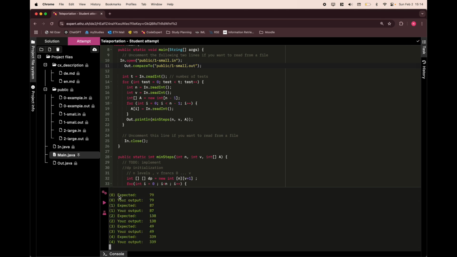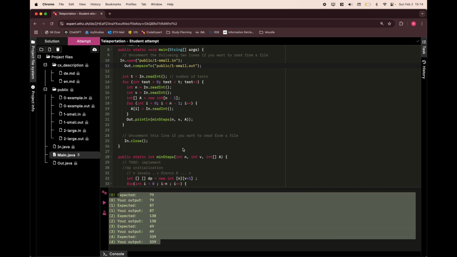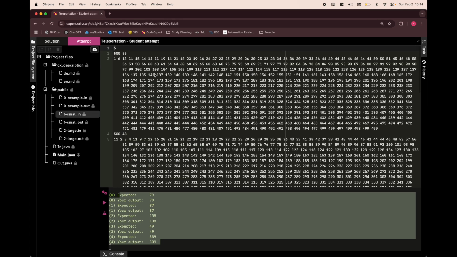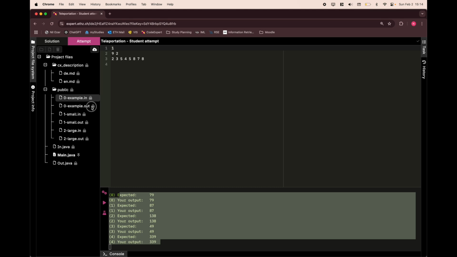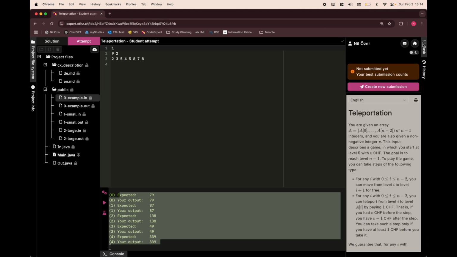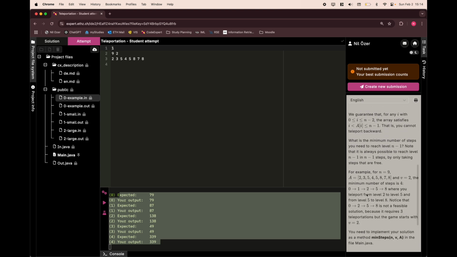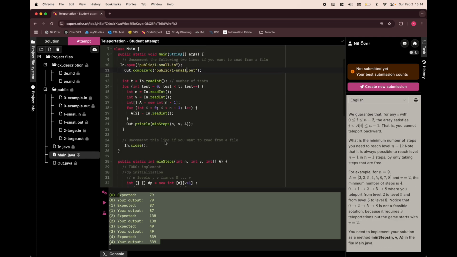Okay, now you can see we have a lot of correct results, and you can see what was tested here. Or you can use the example in and example out. Example in probably has the example we had here. Yes, it does. So that's a good way to check if you have a correct solution or not.